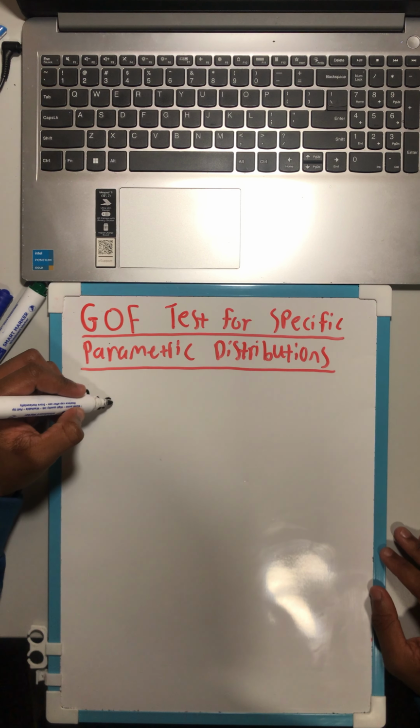Success or failure. Meaning in a trial, when I'm doing something, I'm expecting that it will happen or it will not happen. For example, when I write a test, it's either I will pass or I will fail.